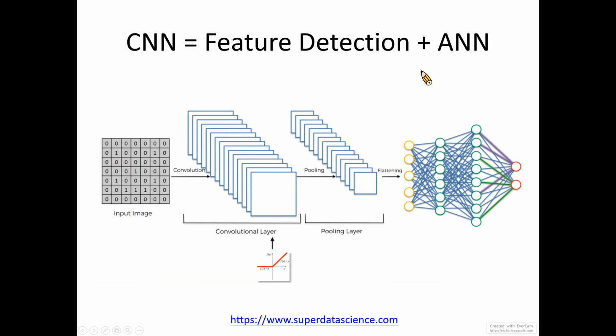So we can simply say that the convolutional neural network equals feature detection plus artificial neural network. The right side is the conventional deep neural network, but the left side is the feature detection process to find out information in our images. Okay.